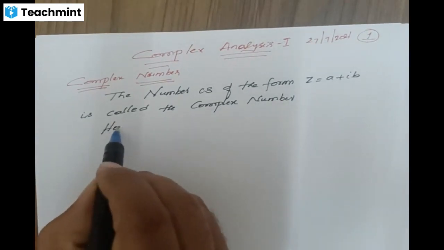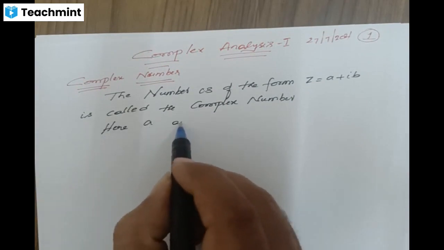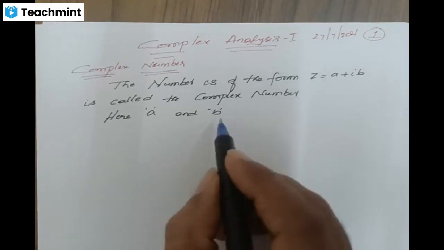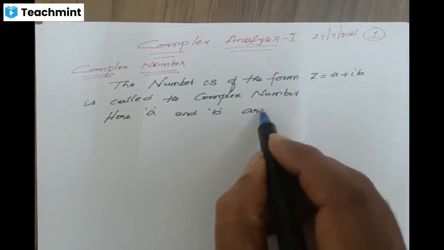Here I have taken a and b instead of x and y, so a and b are real numbers.